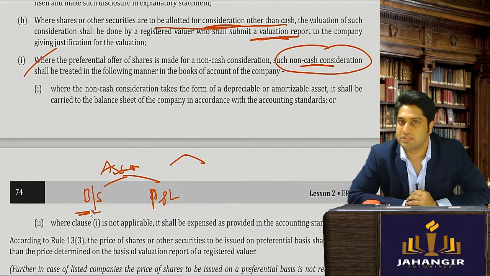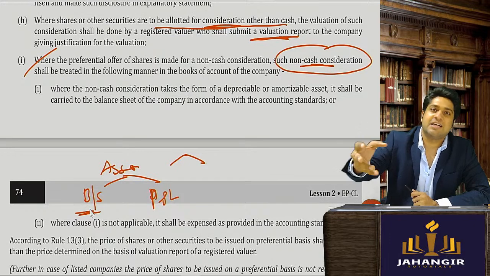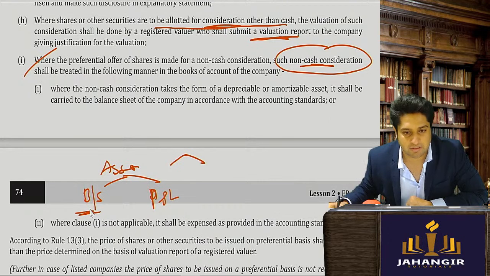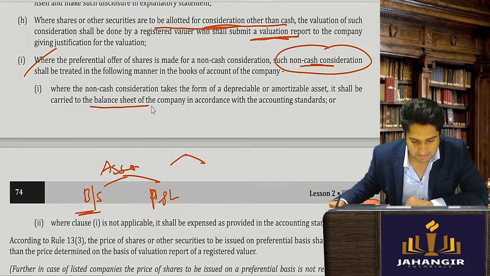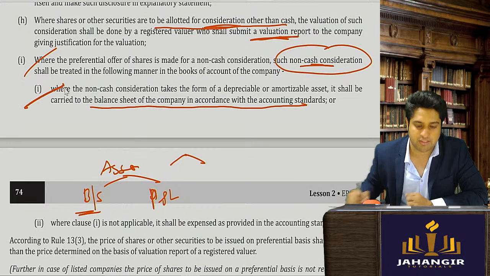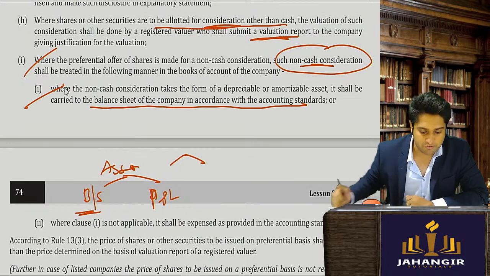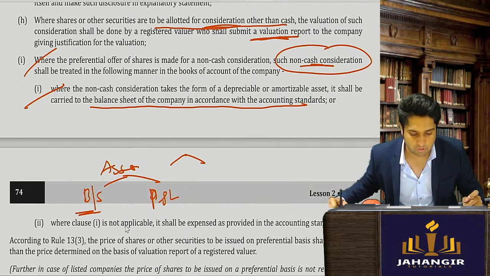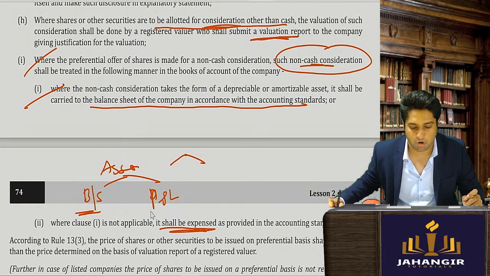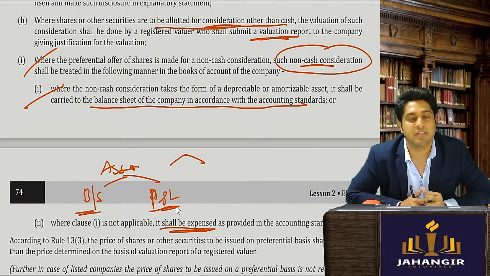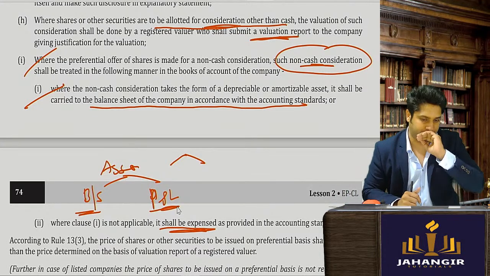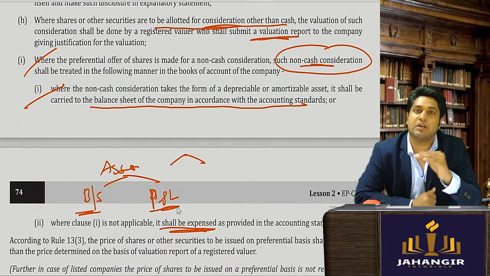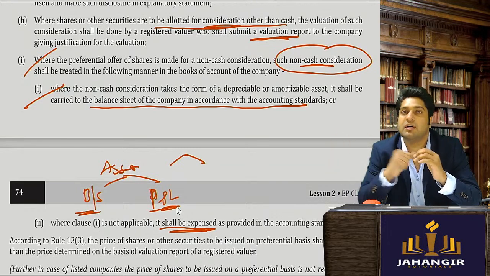Selected group of persons, they're issuing 100 shares. Against that, he's going to give some asset. So this asset is going to be put in the balance sheet. If it is forming a part of the balance sheet, then you have to ensure that the accounting standards are followed. But if you're getting something which is not going to form a part of the balance sheet and is going to be expensed into the profit and loss account, for example, the person is giving some kind of rights. Now those rights are not going to form a part of the balance sheet.